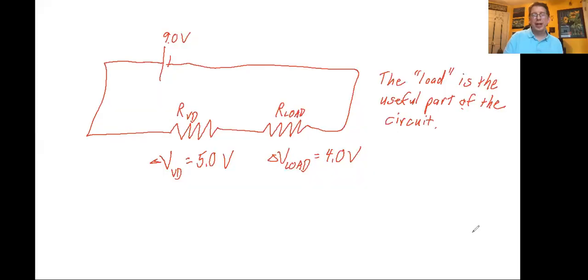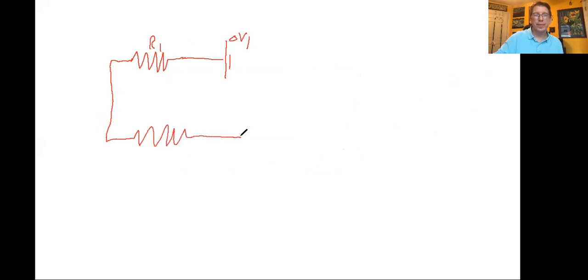I'll give a basic circuit so you can see what's going on. So you have delta V1 and you have R1. So that's R2.